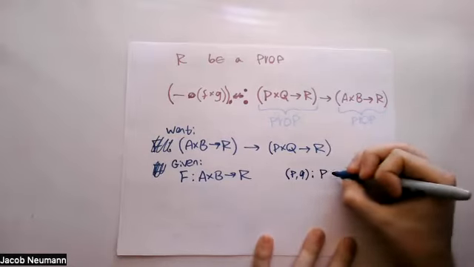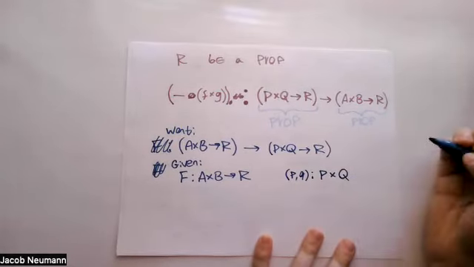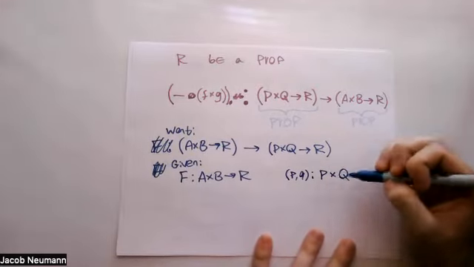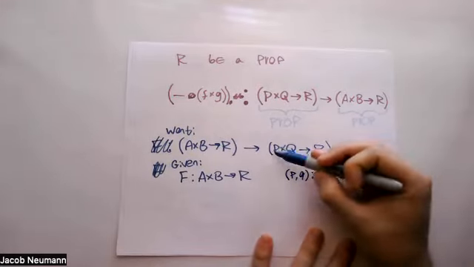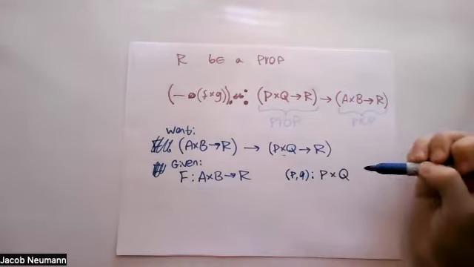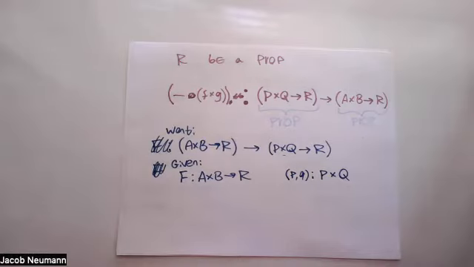Technically we're doing induction on product types here to assume that an element of this type is of the form of a pair, but I think we're pretty used to that by this point. And now we just need to construct an element of R.